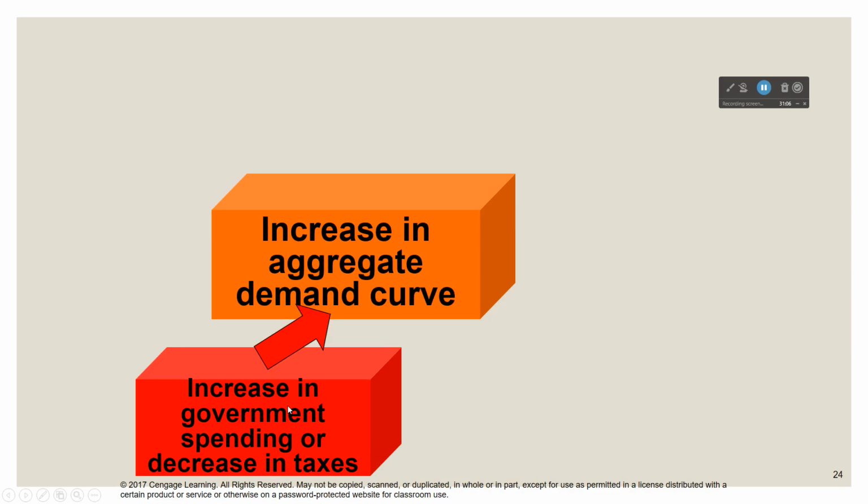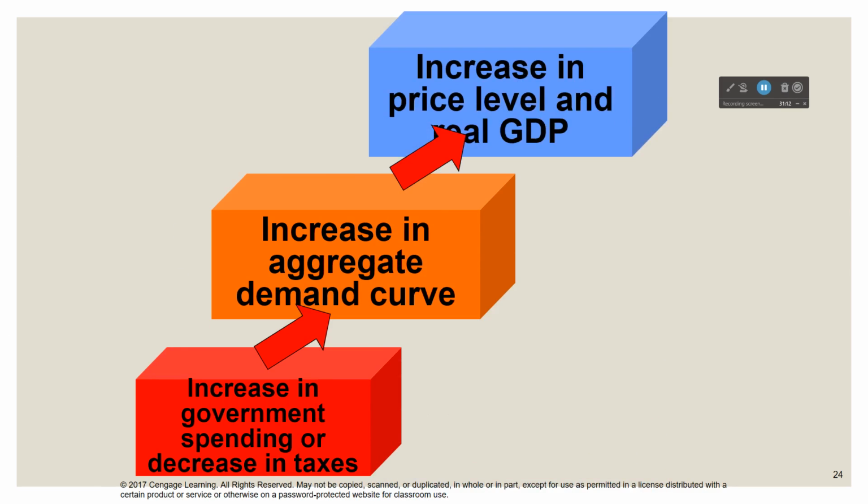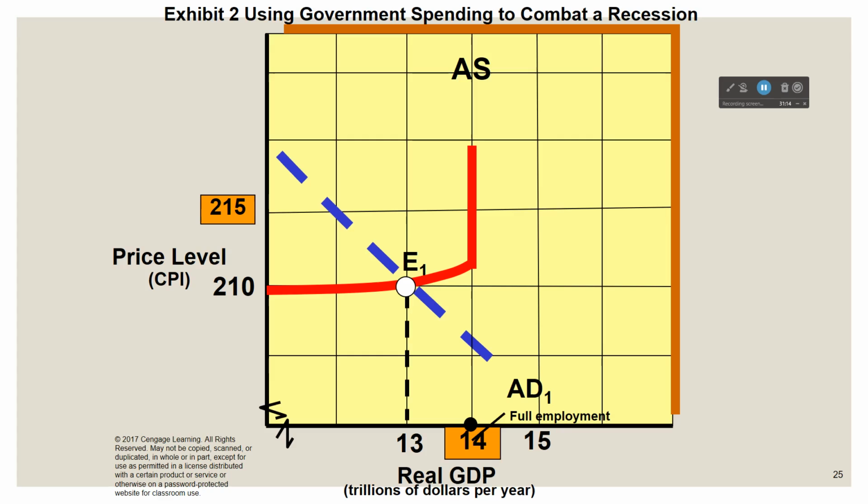So here, increasing government spending or decreasing taxes causes an increase in aggregate demand, and that will increase the price level and real GDP, if we're on this intermediate range here. So here we increase government spending or decrease taxes. That increases aggregate demand.